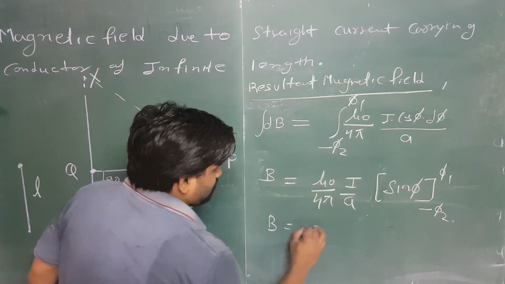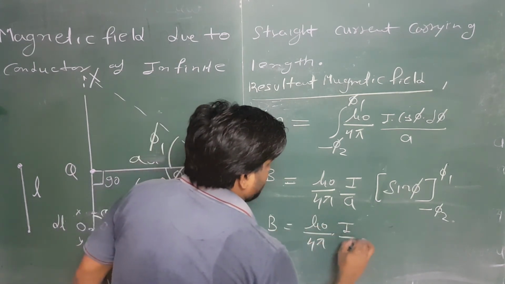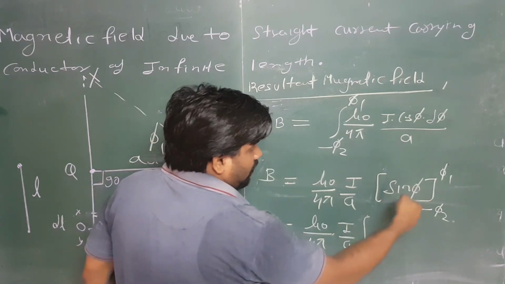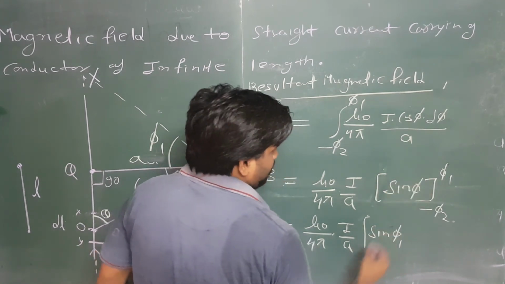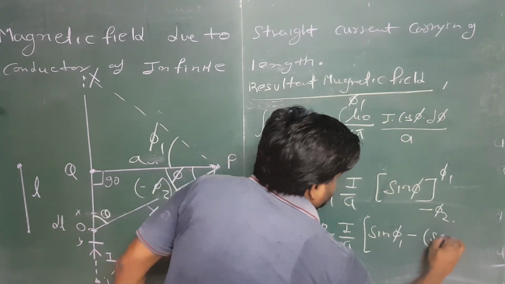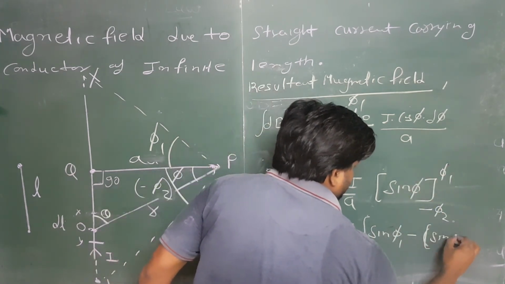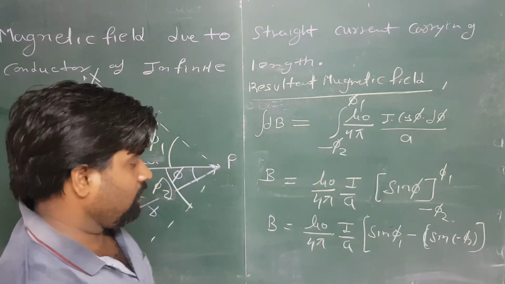So B is equal to mu 0 by 4 pi dot I by a, and put the upper limit and lower limit. Upper limit minus lower limit. The upper limit is plus phi 1 minus sin, and this lower limit against the minus. So I will write it like this: minus phi 2 in brackets.